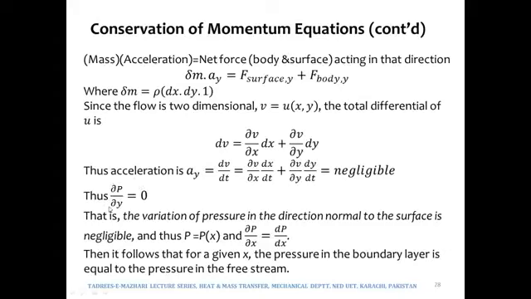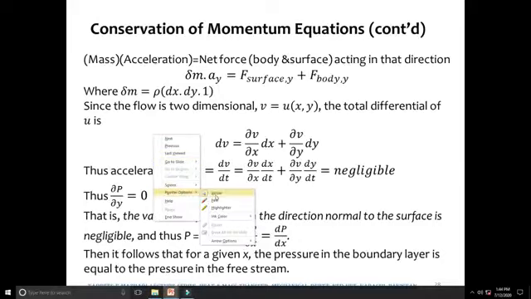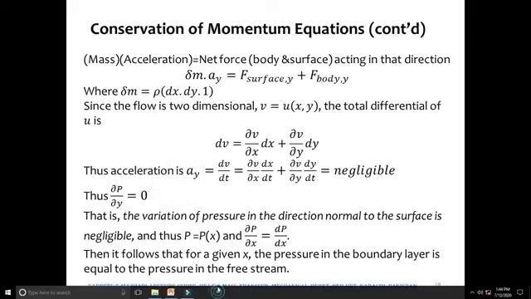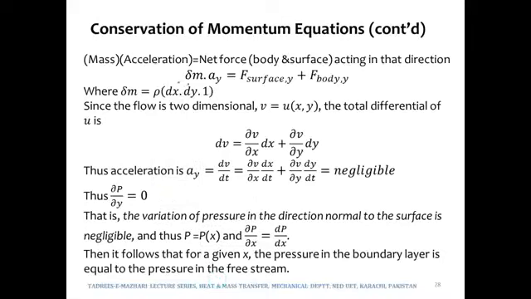Now why would dou p by dou y become 0? Because if we take a look over here, ay is negligible. This is what we can see from here. So the right hand side would be approximately 0.